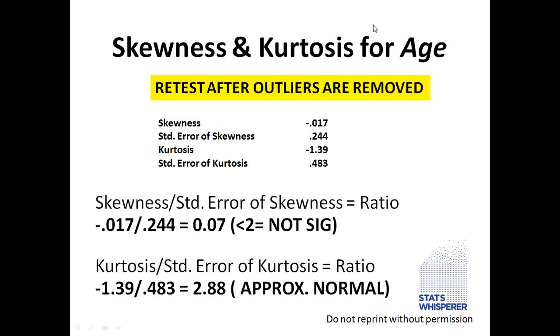Divided by 0.483, which is 2.88. Remember when I said sometimes they'll make it even 3 times as large? So it's right between 2 and 3. There were 100 people in the sample. Just by removing those 2 outliers, the variable is now approximately normal and appropriate for analysis. Good job.